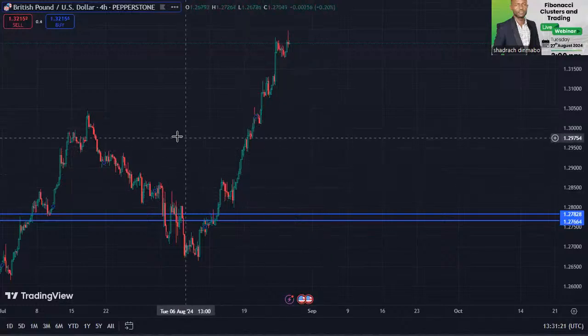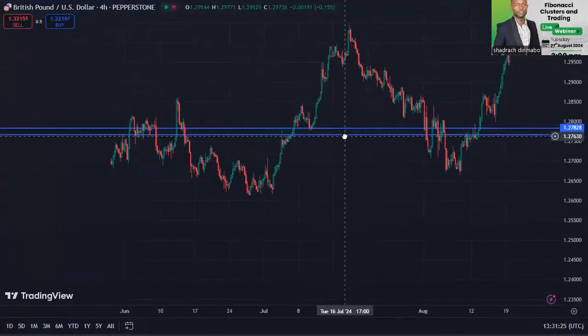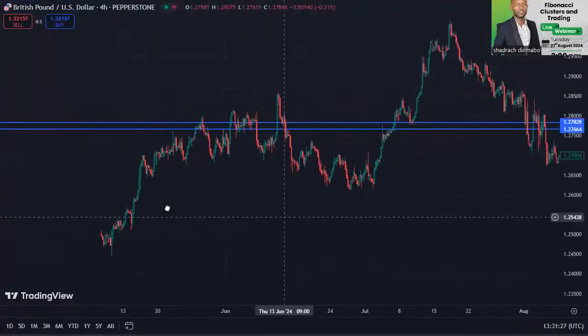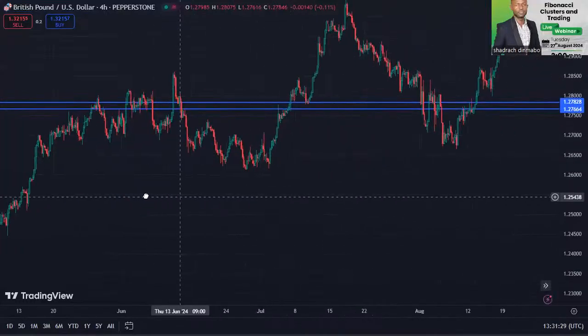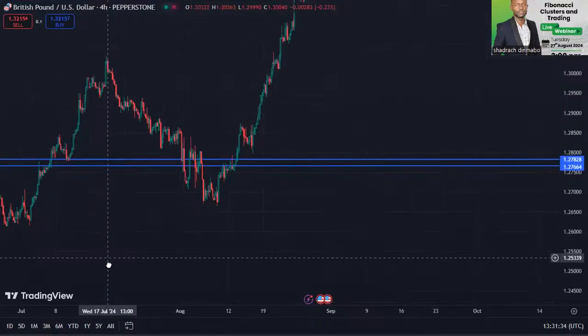Now, we have this for GBP USD, almost similar to that of Euro USD. All right, so let's see what we can take from this.